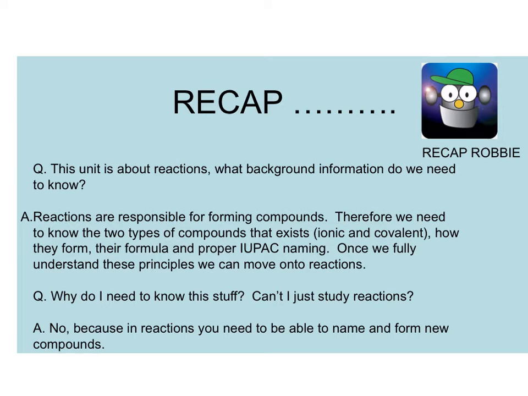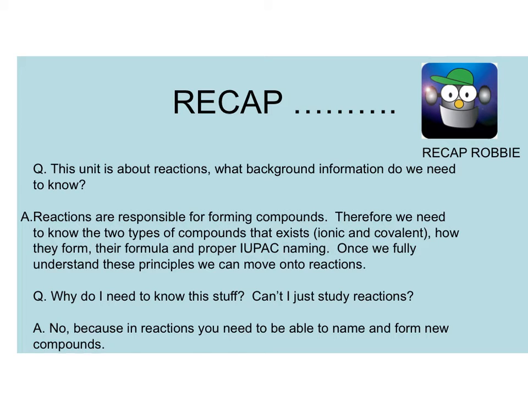Reactions are responsible for forming compounds as well as breaking apart and changing compounds. So we need to know about the two types of compounds that exist, ionics and covalents. We also need to know how they form, and we went through that in ionics. Covalents we'll leave until grade 11. We need their formulas, like how to make a formula for an ionic compound, how to analyze a formula for a covalent, and how to name them properly.